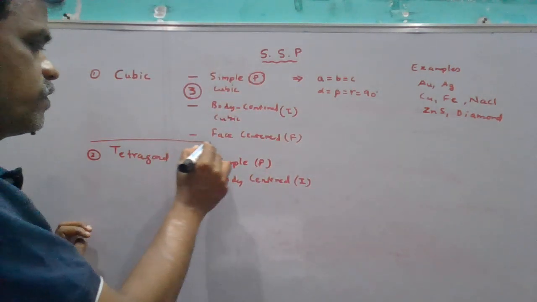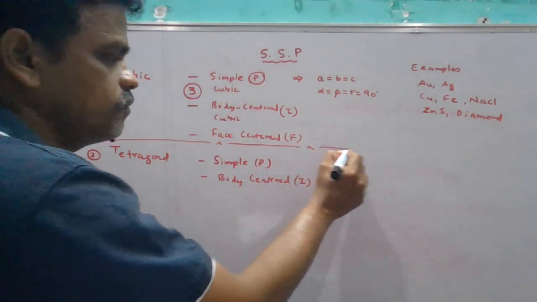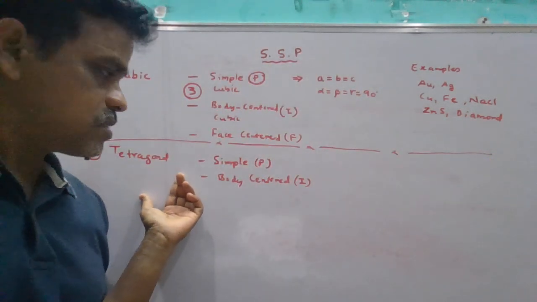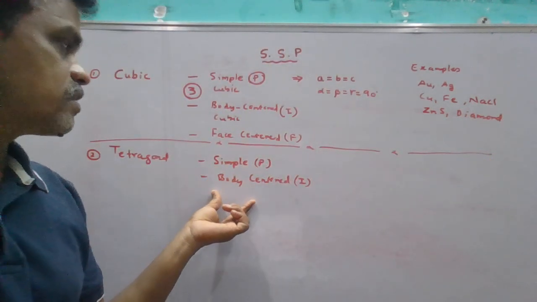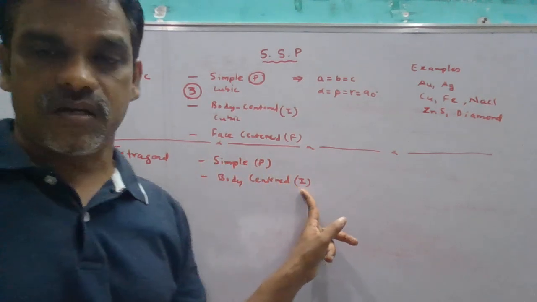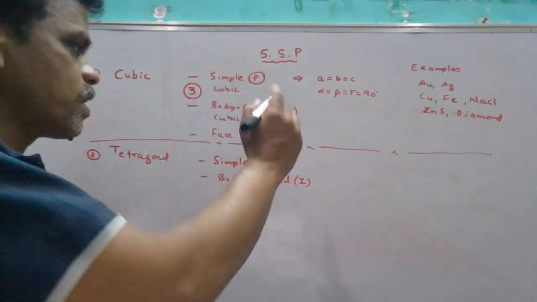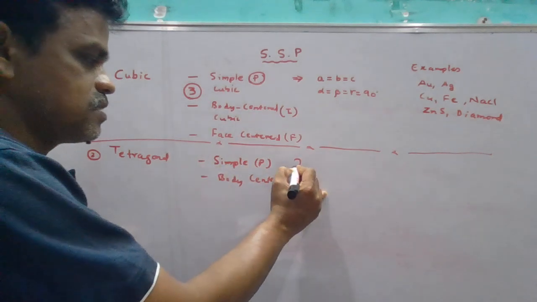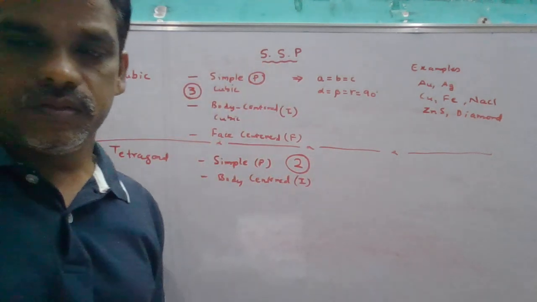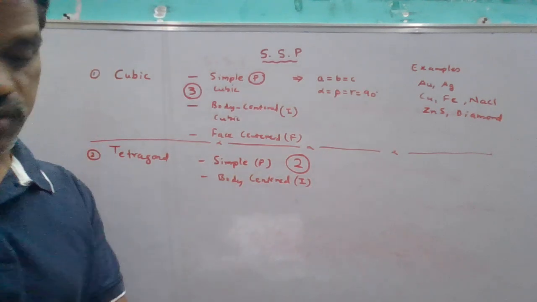I finished the cubic system, and here I am discussing the tetragonal system. So two Bravais lattices exist in the tetragonal system.